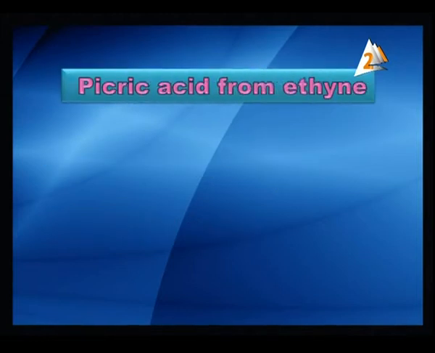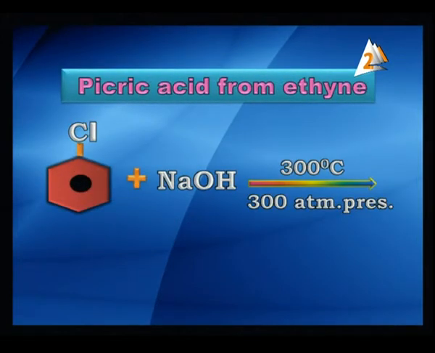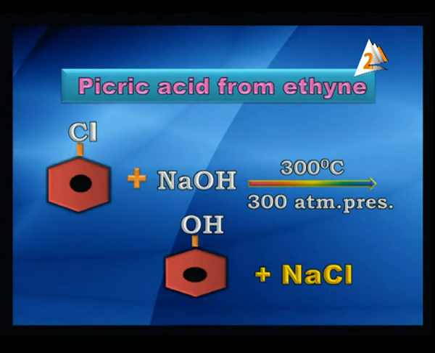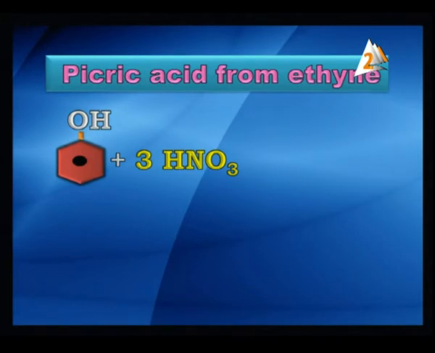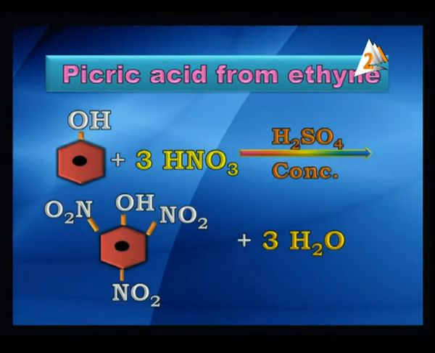Then, chlorobenzene on alkaline hydrolysis by sodium hydroxide at 300 degrees Celsius and 300 atmospheric pressure gives phenol and sodium chloride. Then, phenol on nitration reacts with conc nitric acid in the presence of conc sulfuric acid, giving 2,4,6-trinitrophenol, which is picric acid, and 3 molecules of water are produced.